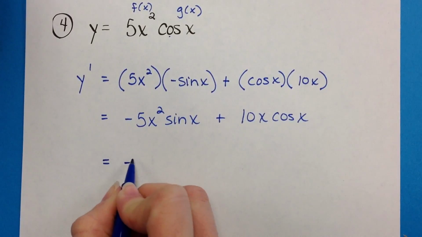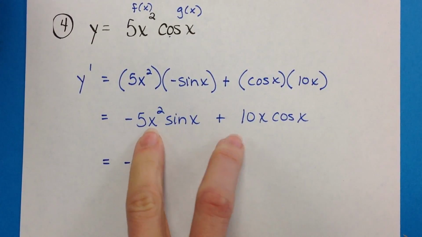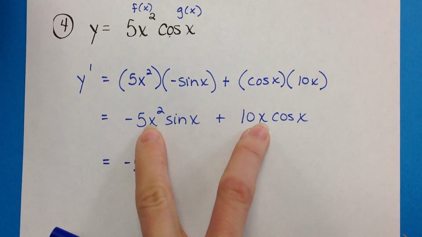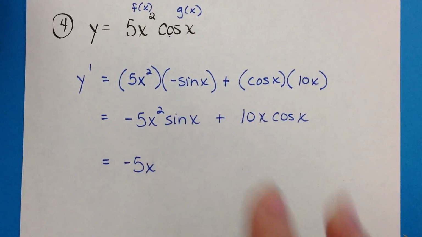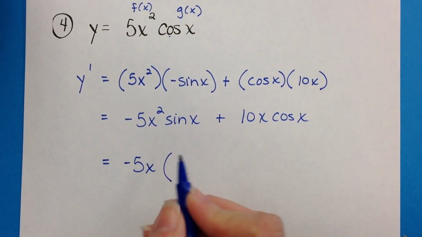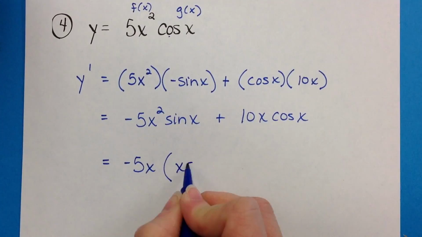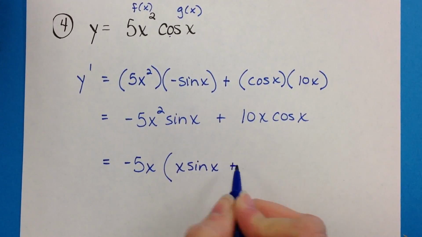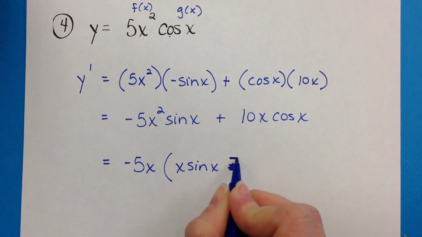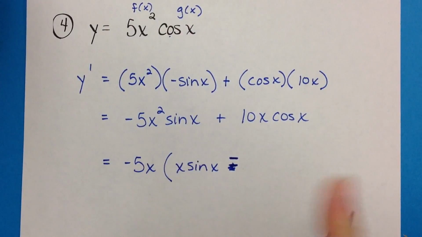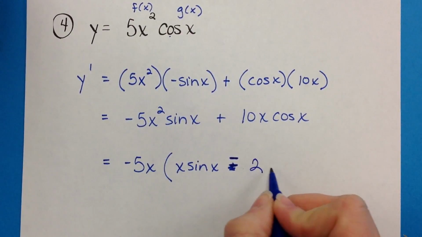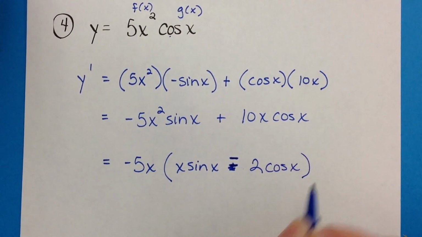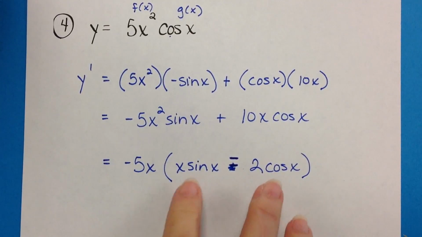I'm going to pull out a -5. But you also could pull out an x, because right here, you've got two x's here and an x here. So if I were to do that, I would be left with x sine x, well, and that would actually change to a minus, since I'm taking out a negative, and I would be left with 2 cosine x. So this would be probably the way that you would end up seeing your answer.